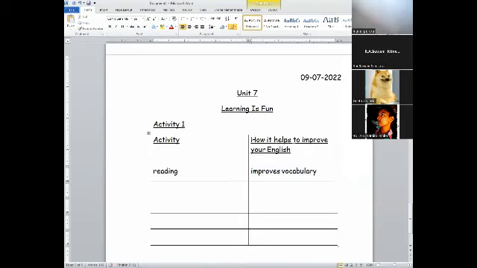Now this question is how it helps to improve your English. Now these children are talking about themselves. Example, Pubudu says, I keep a diary to keep about my daily activities. So when you write, it's not my daily activities, right? In that way, in some places the pronouns have to be changed.